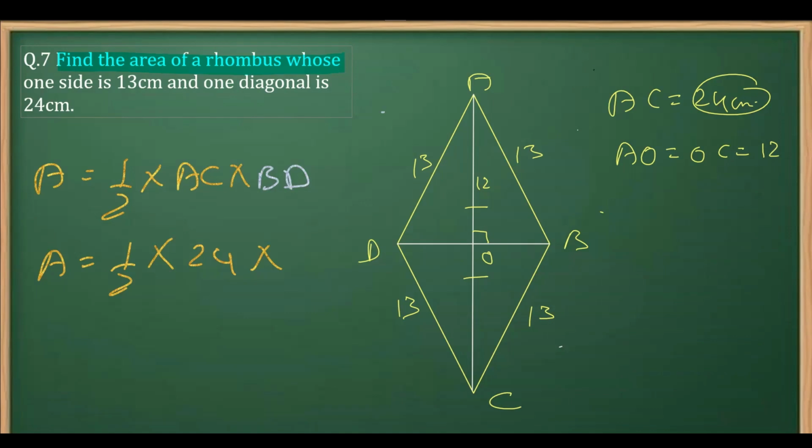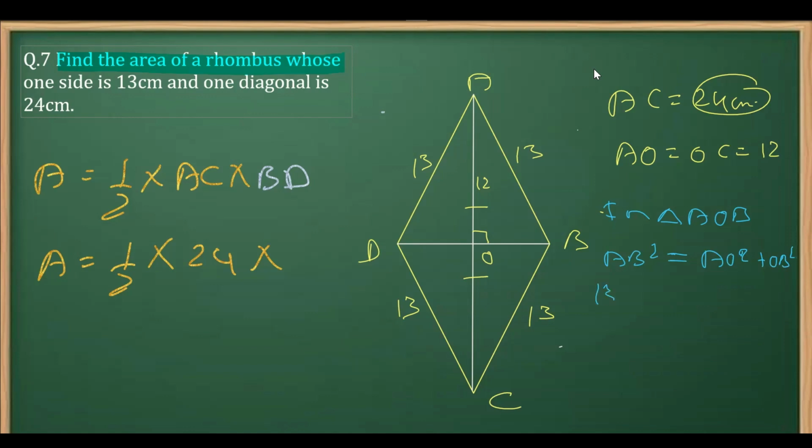In order to get the length of BD, we are going to apply the Pythagorean triplet relation or Pythagoras theorem in this triangle, right? The triangle I have already shaded, it is clear. So we'll be applying it in triangle AOB. What we know is that the square of the hypotenuse is equal to the sum of the squares of the other two sides. So it is AO square plus OB square.